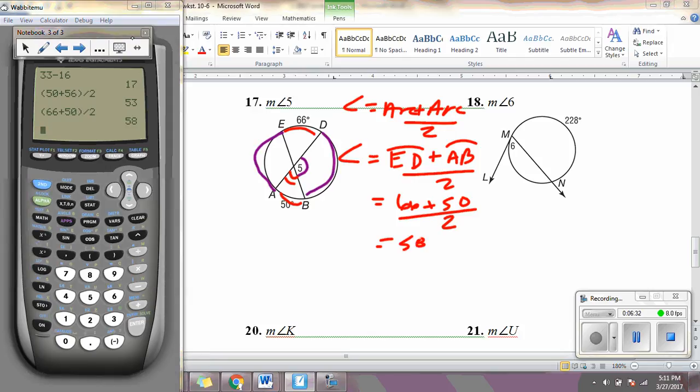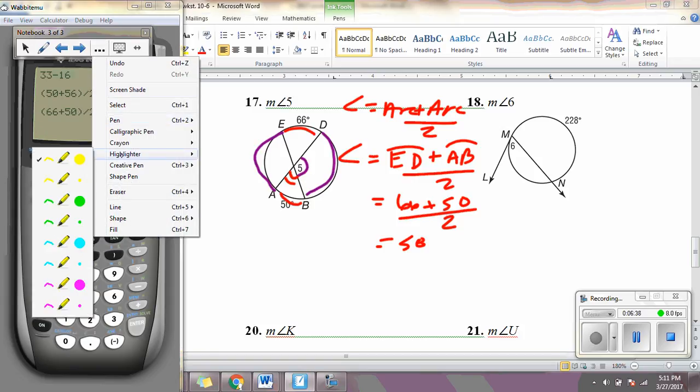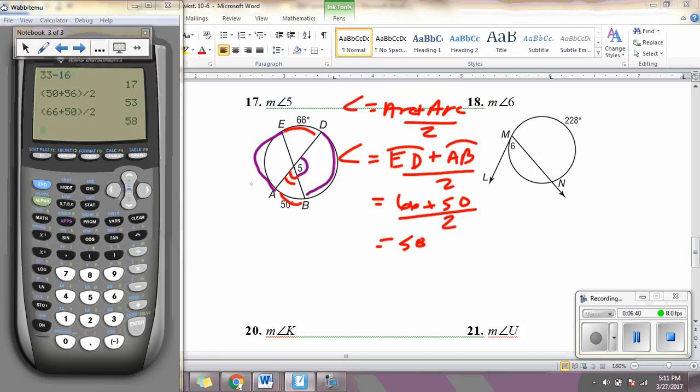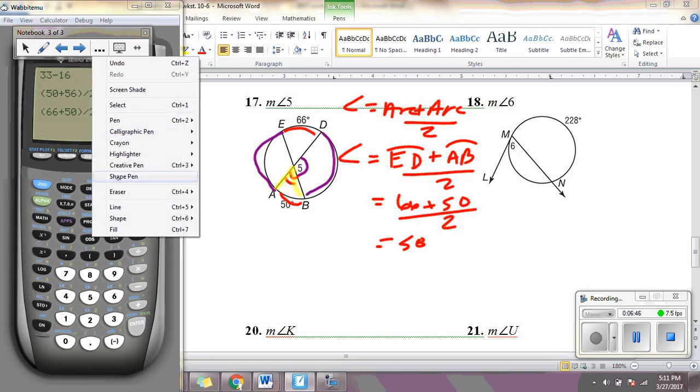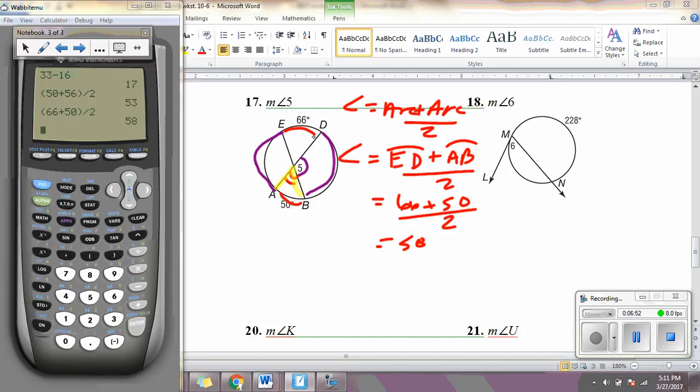But again, wait, I'm not done. The angle I just found together with angle 5 form a linear pair, which means that they are supplementary, which means they add to equal 180.